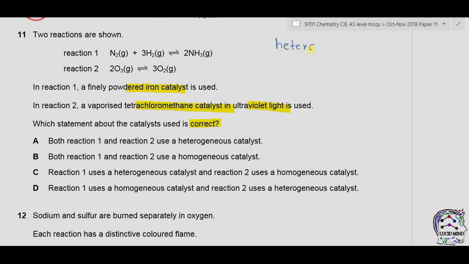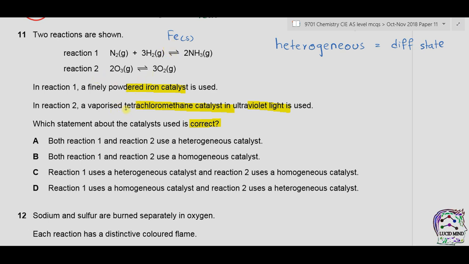In heterogeneous, the catalyst is in different state as compared to reactants. For example, we can see that in reaction 1, nitrogen is in gas form, hydrogen is in gas form, again ammonia is gaseous, while the catalyst used is iron, which is solid. So it is in different state as compared to the reaction components, so therefore this is heterogeneous catalyst.